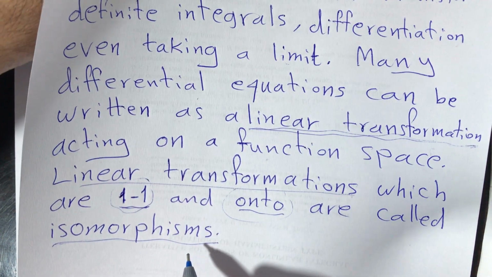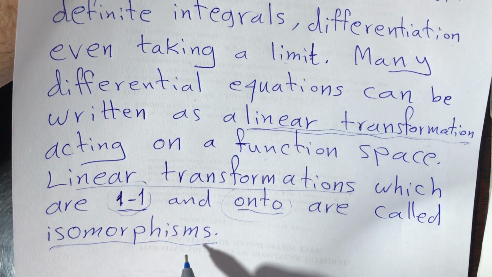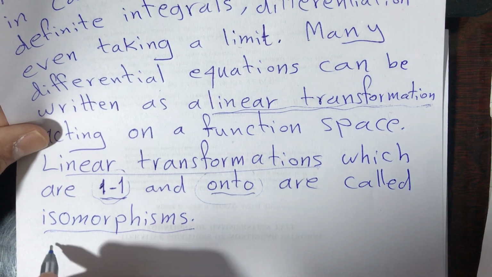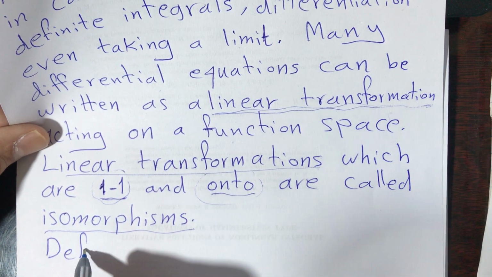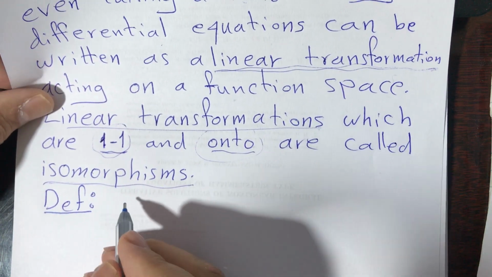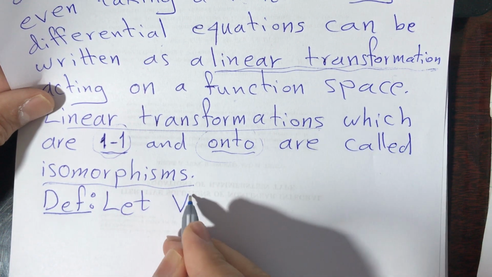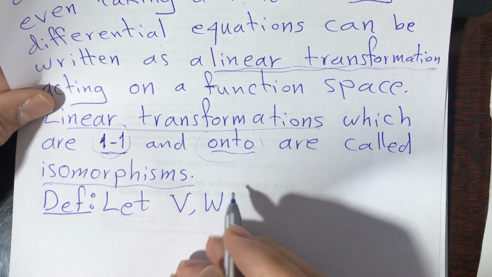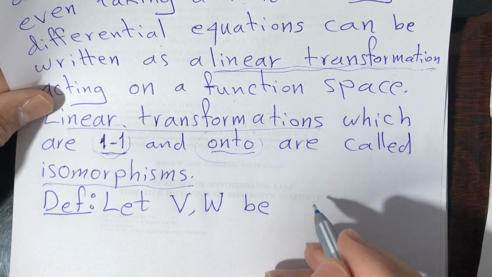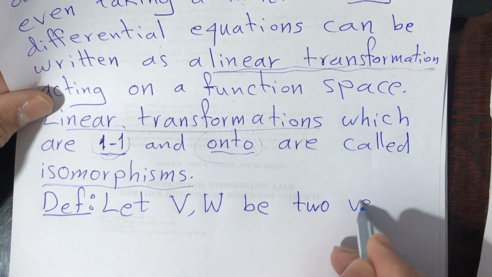Definition. Linear transformation. Let V and W be two vector spaces.